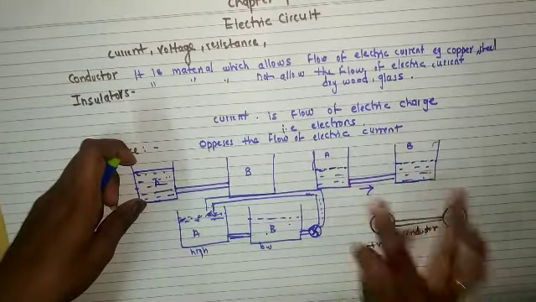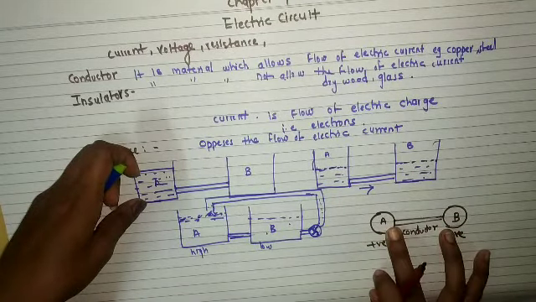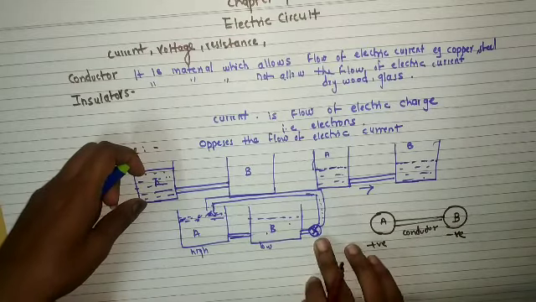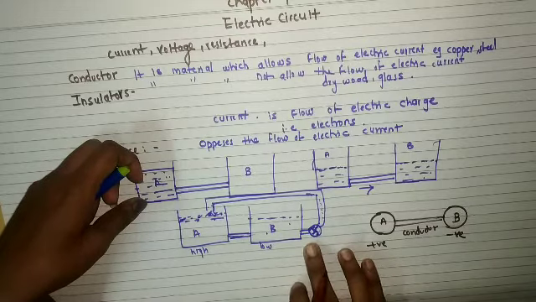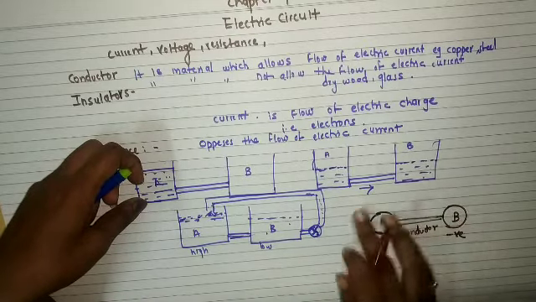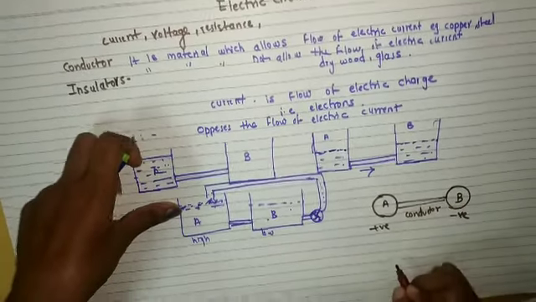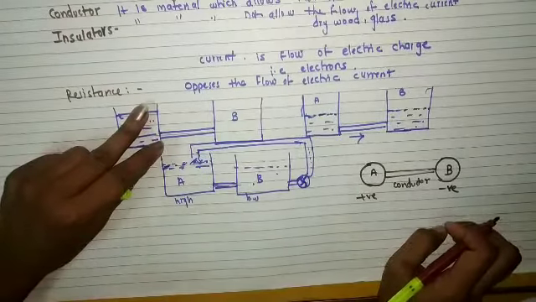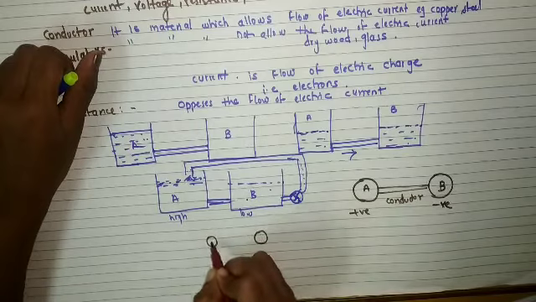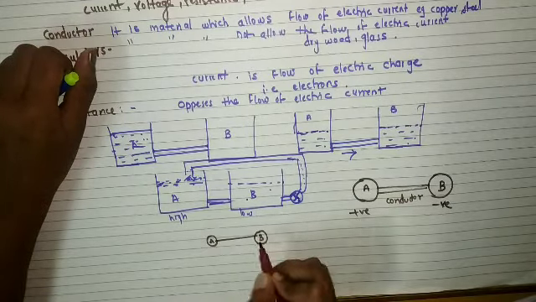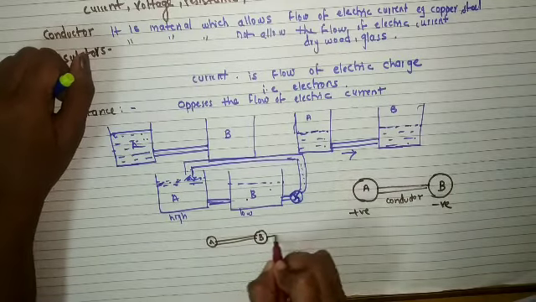When they become similar, the current flow will stop. So similarly to the pump, we have to produce some force so that electric current flows continuously. So these two are the bodies A and B, and this is the conductor. If you want continuous current flow, what do we have to do?